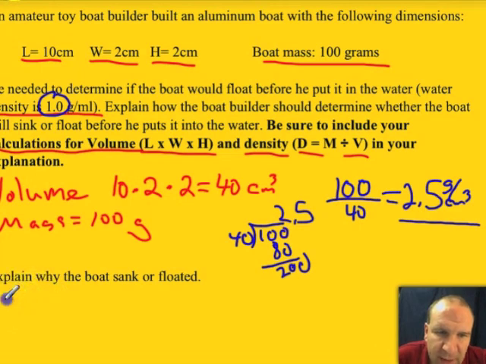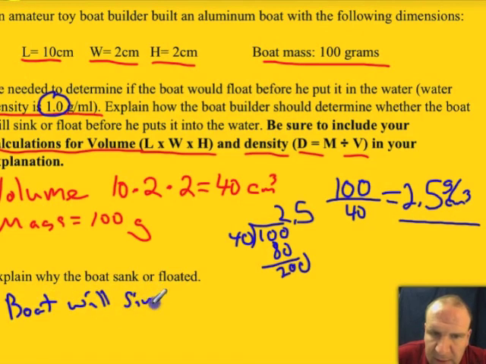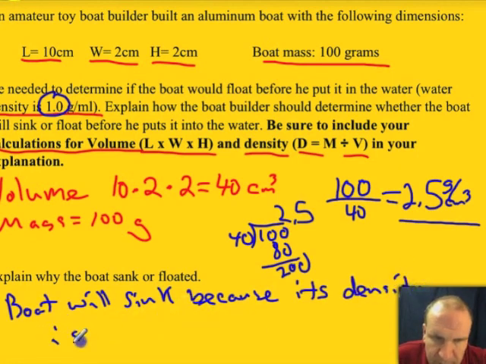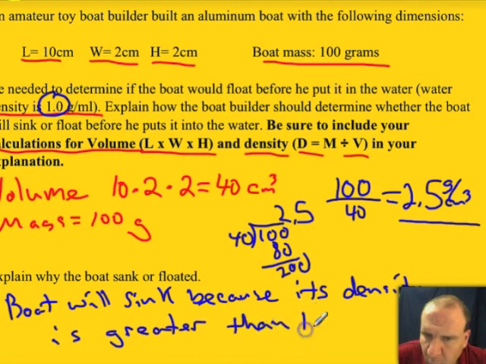So I should say the boat will sink because its density is greater than 1. And that's all I really need to say, because once I know its density is greater than 1, it will sink.